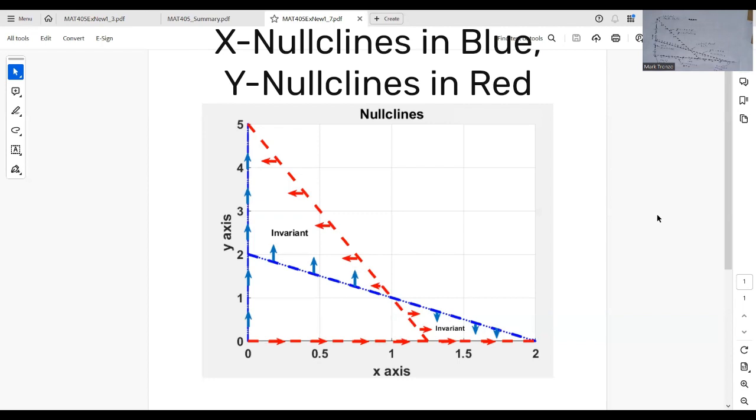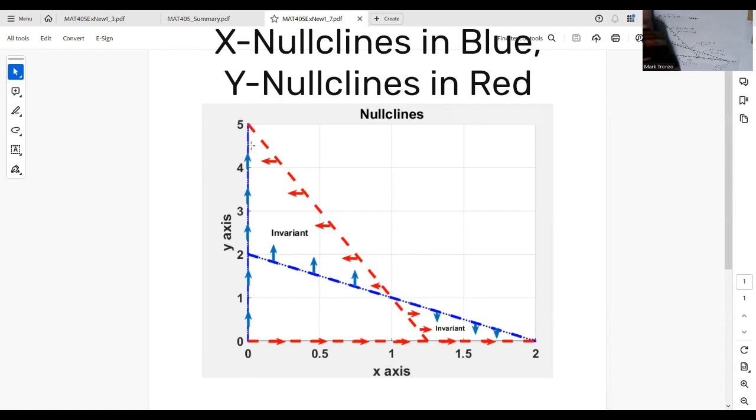So here's a somewhat fancier picture of what I just drew by hand. I took some of the notation out, but you can see our invariant regions, and you can see clearly how those arrows are pointing in towards the invariant region, or again, if you happen to come close to this line over here, you'd see things are going to get pushed up to this critical point up here.